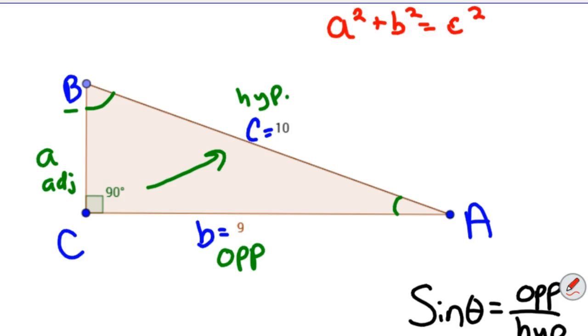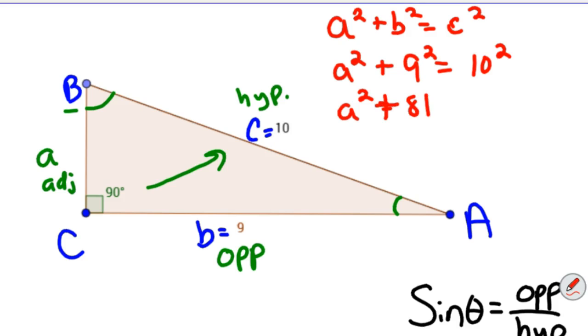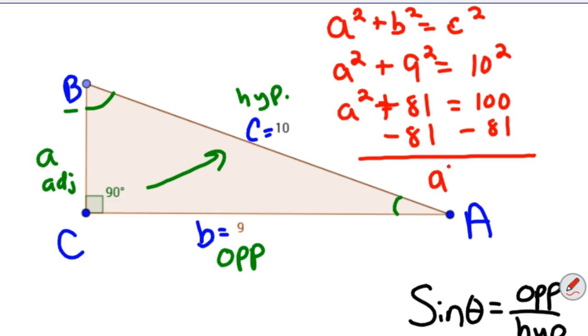In this case, we know a squared, the one we're trying to find, plus b squared, which is 9 squared, equals c squared, which is 10 squared. So a squared plus 81 equals 100. You subtract the 81, and we know a squared equals 19.